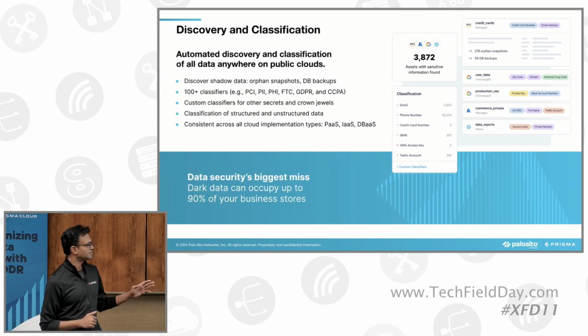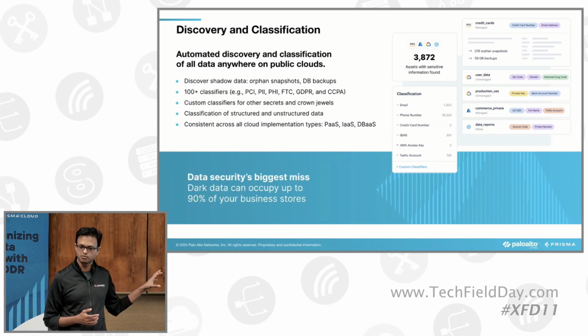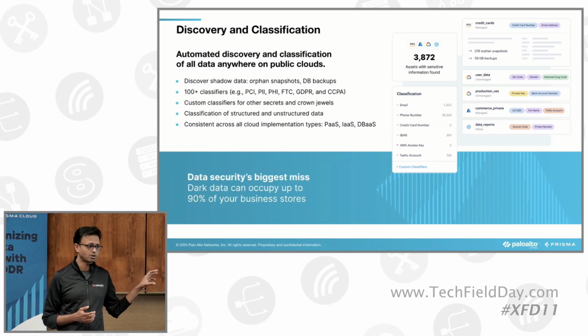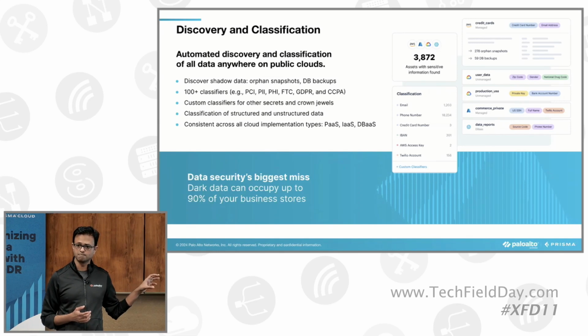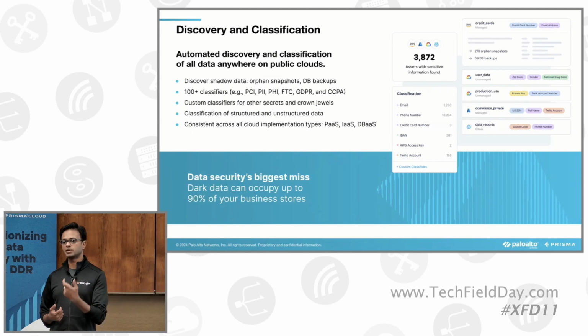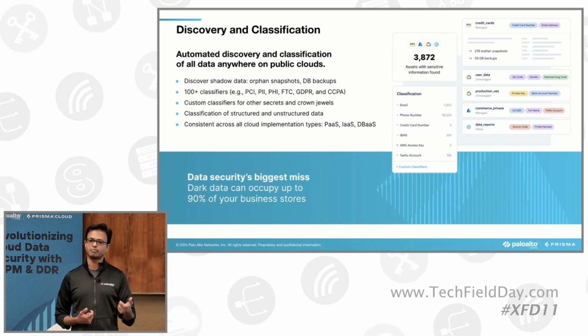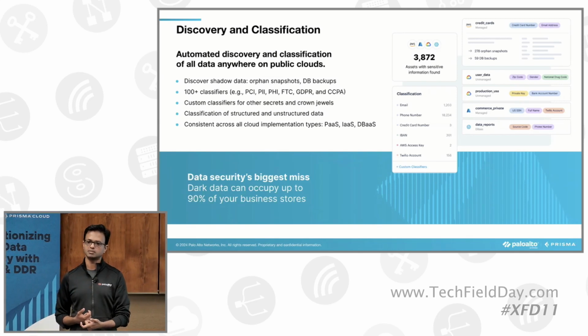There are 100+ classifiers, whereas traditional DLPs often have 1,000+. We start off with a lower number, but the ones that are more important for customers. But let's say a customer comes in and says, I need to detect all my auto VIN numbers, and I have a custom classifier written for it. The customer would simply write a regular expression pattern for those and apply it. We would automatically detect all the custom patterns as well.